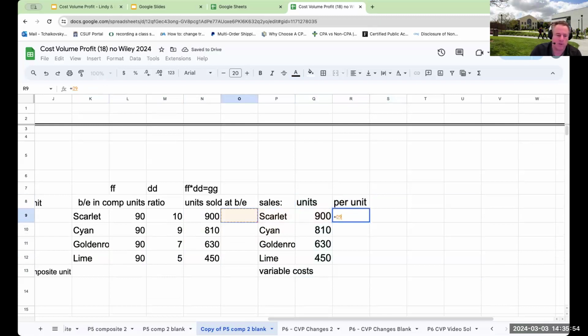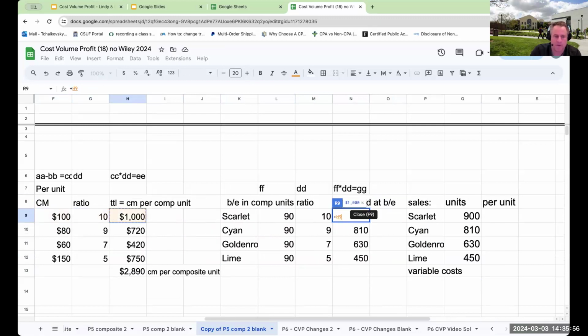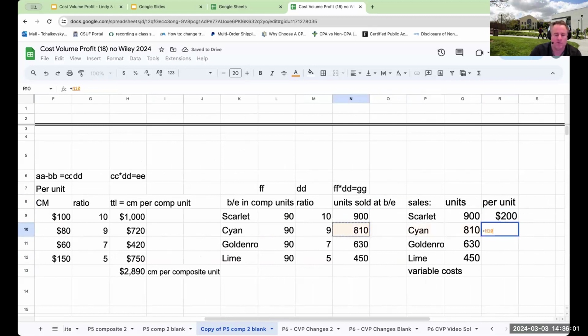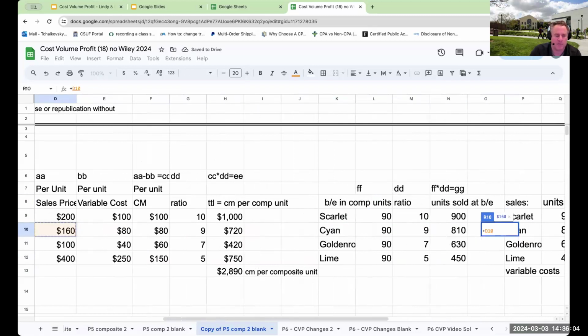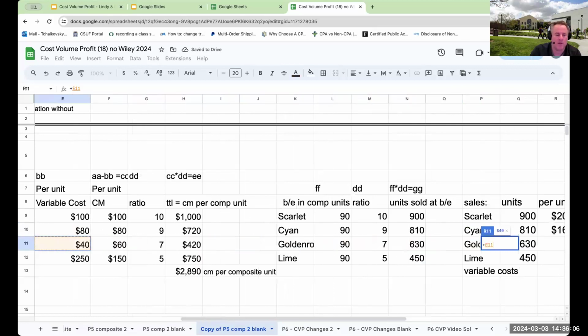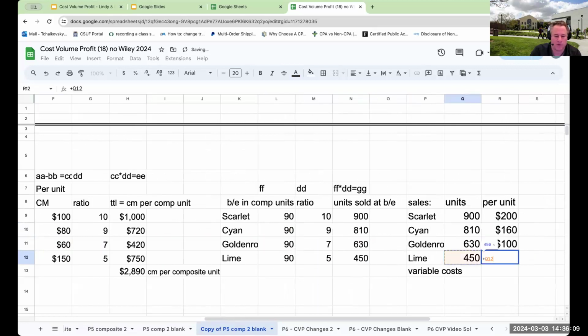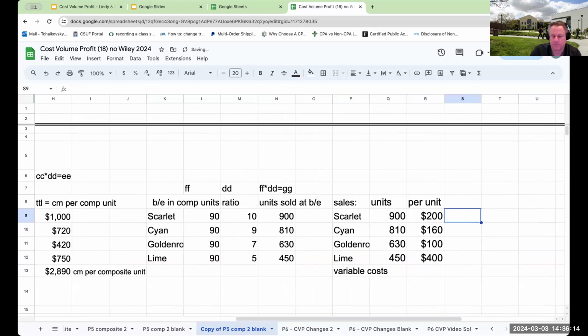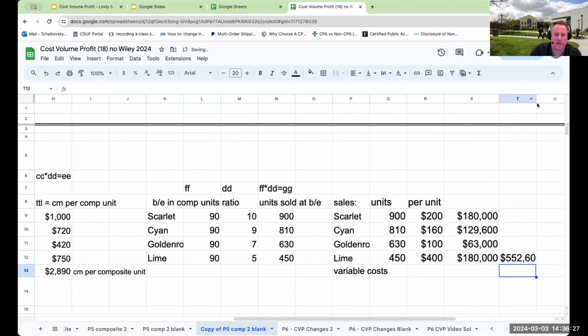In terms of my per unit sales price, for scarlet it is 200, for cyan it is 160, for goldenrod it is 100, and for lime it is 400. If I multiply these through, I get total sales of 552,600.